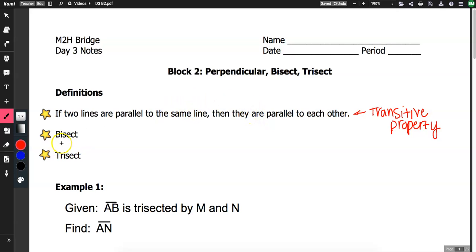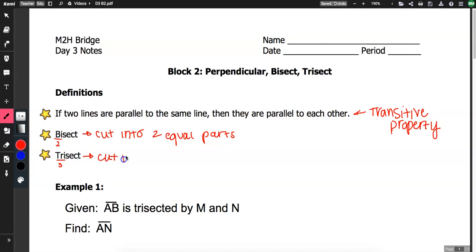The ones that we should add, because they're new terms, are bisect and trisect. So the prefix bi means 2, and sect means cut. So this means cut into 2 equal parts. Trisect means 3. Sect still means cut.